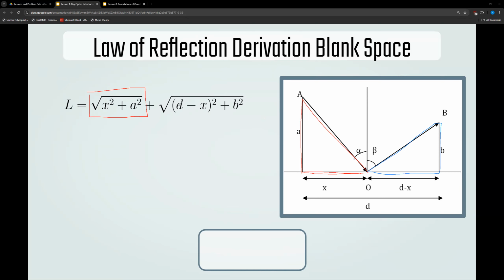So you add (d minus x) squared, that's this bottom leg, plus b squared, that's this side leg, to get the hypotenuse. And so the total path to green is going to be here up to here, and that's this full expression. Does that part make sense? Do we remember this?